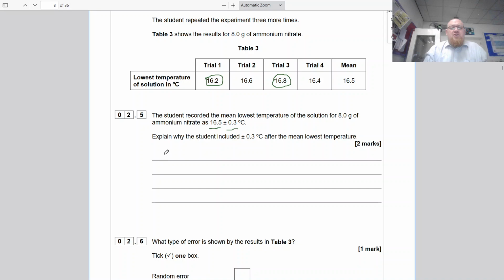So this shows the spread or range of the data.